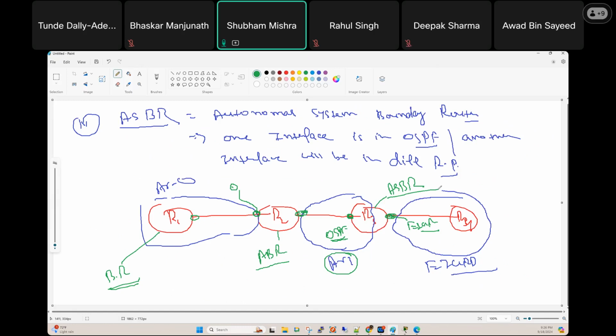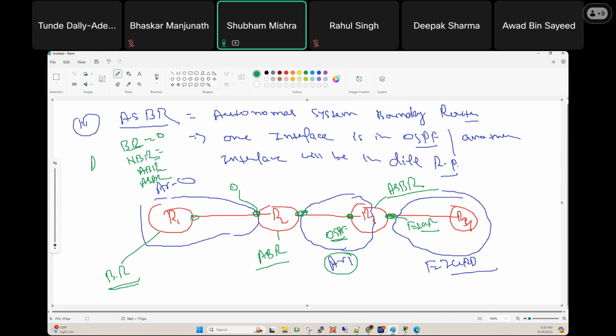I hope now you guys understand the types of router in OSPF. There are four types of router. What are those? Backbone router, non-backbone router, ABR router, ASBR router. Backbone router means all the interfaces belong to area 0. If any one interface belongs to other than area 0, that is called non-backbone.